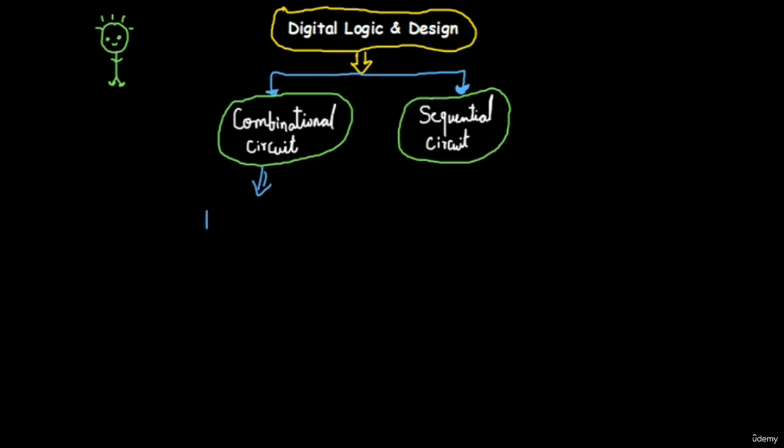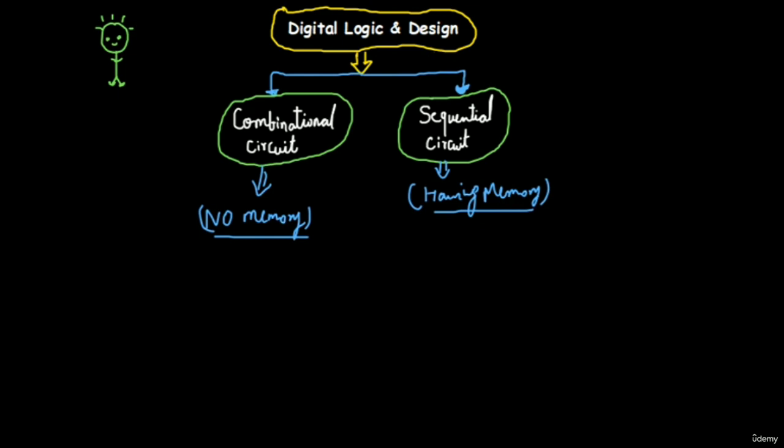A combinational circuit does not have memory, so it has no memory. And a sequential circuit is with memory, so it has memory, or you can also call it storage, pretty much the same thing. This is the fundamental thing.